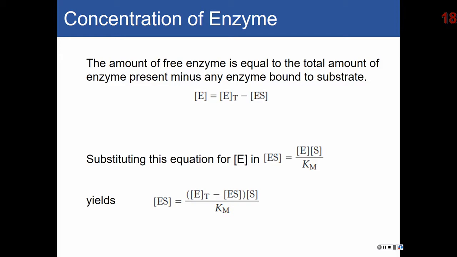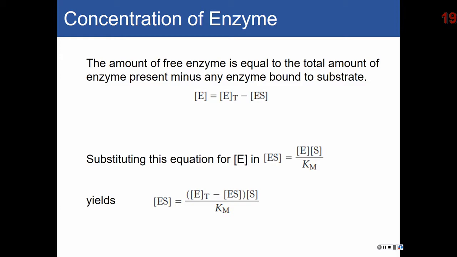Now, the amount of enzyme that we add in, that's our enzyme total. And that enzyme total has to be reflected in the amount of enzyme that's bound to the substrate and the concentration of the enzyme that's unbound. And that gives us our enzyme total.